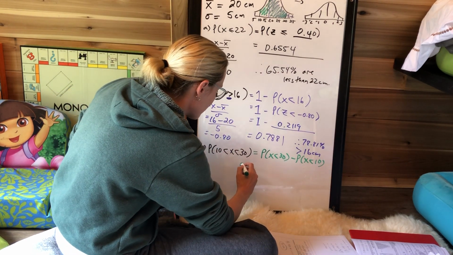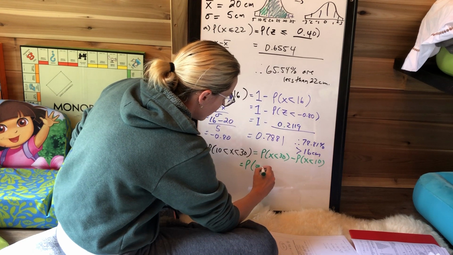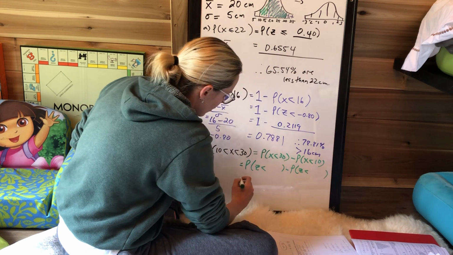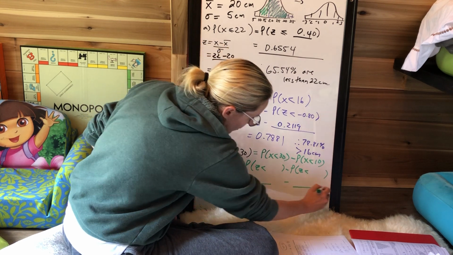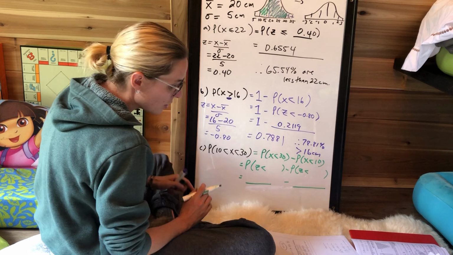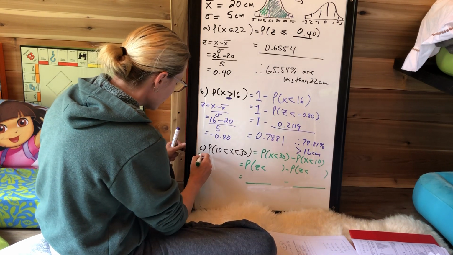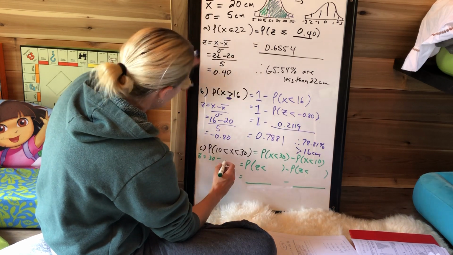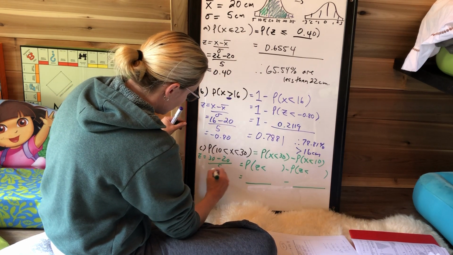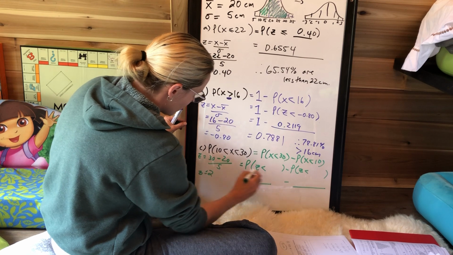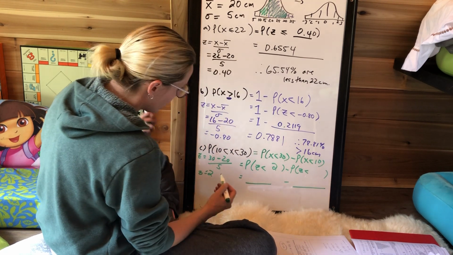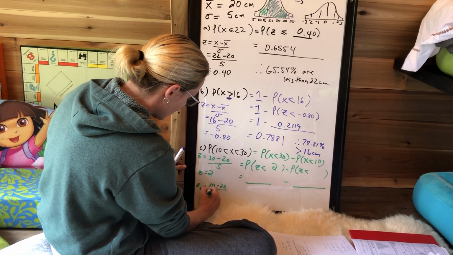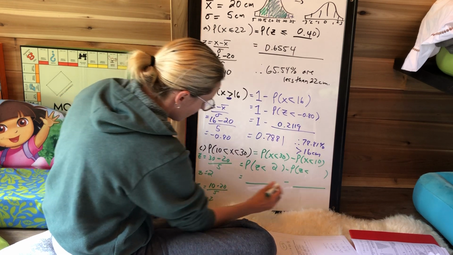What this makes us do is come up with two different Z values and then look up two different numbers in the chart. In the first one, you're doing 30 minus your mean, which is 20, over 5, and you get a Z value of 2. In the second one, you go the other way. Z2, I'm calling it, is 10 minus 20 over 5, and you get negative 2.